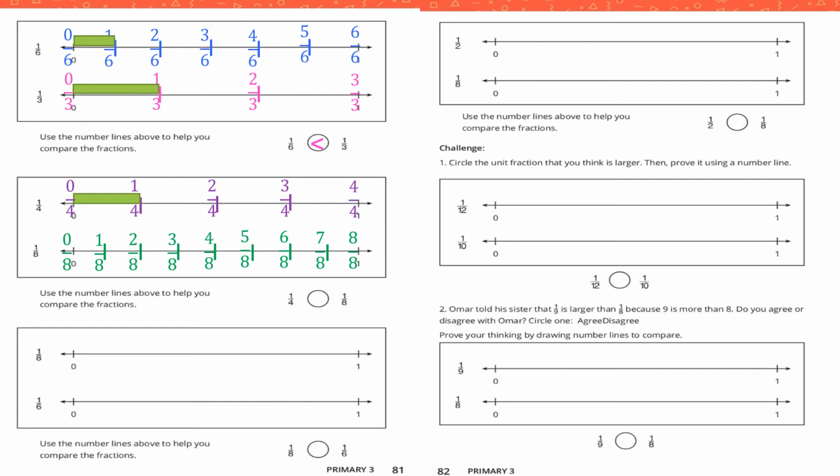The whole fraction. Locate 1 over 8 by joining between 0 over 8 and 1 over 8. Which is bigger, 1 over 4 or 1 over 8 on the number line? Yes, 1 over 4.